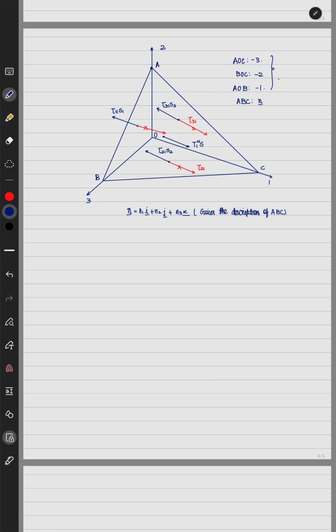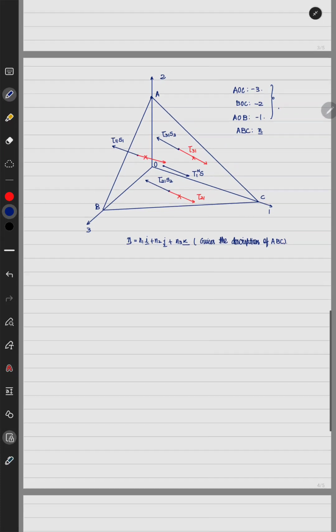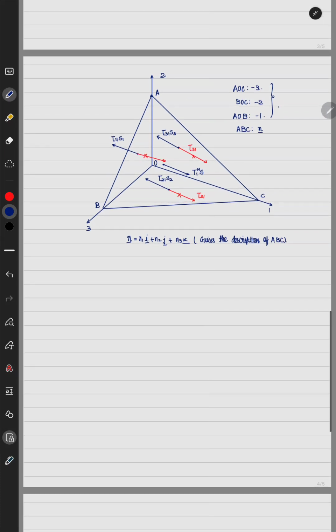So let us apply force balance. Summation of all forces is equal to mass into acceleration. This is Newton's second law. Rate of change of momentum is equal to the sum of all forces, proportional to acceleration.